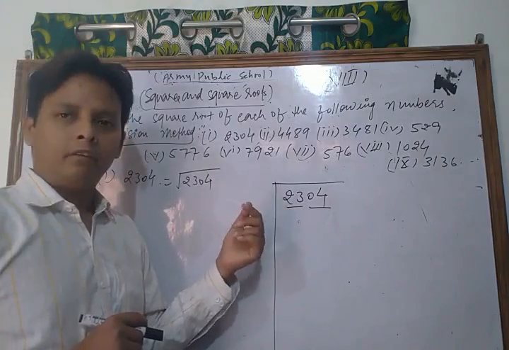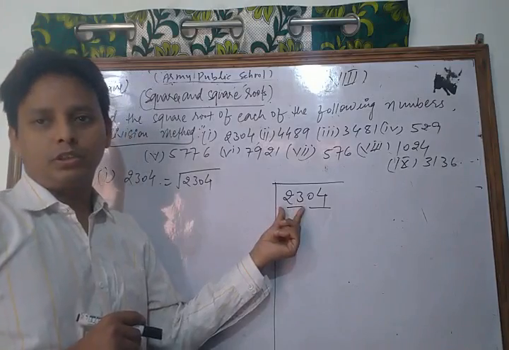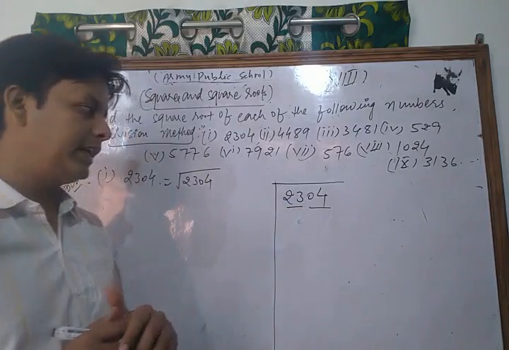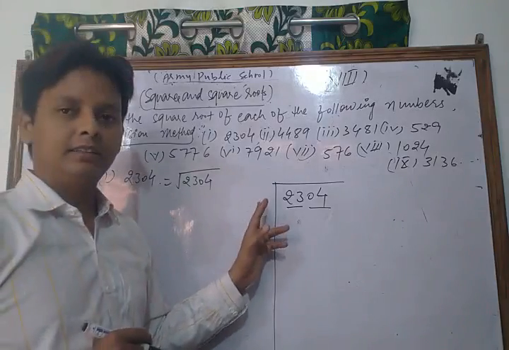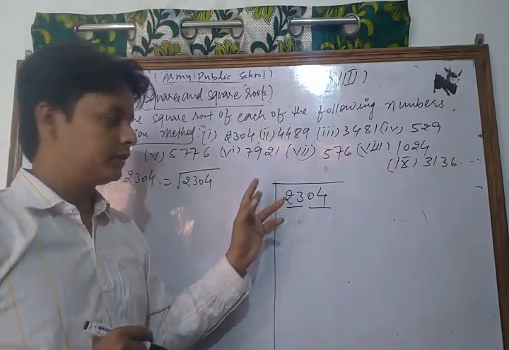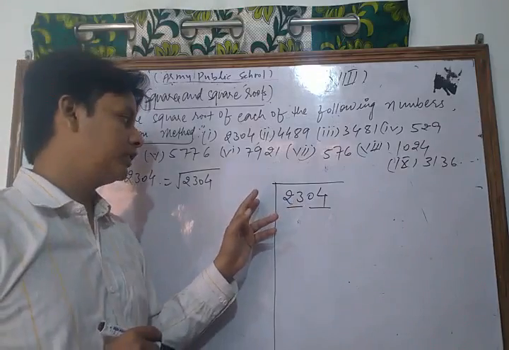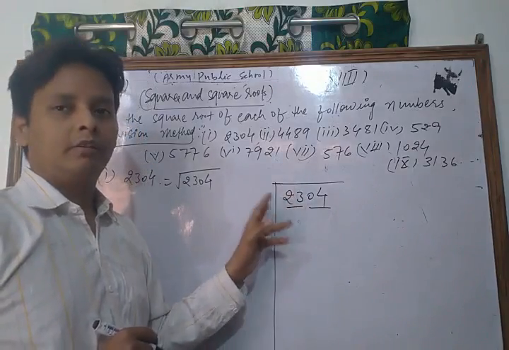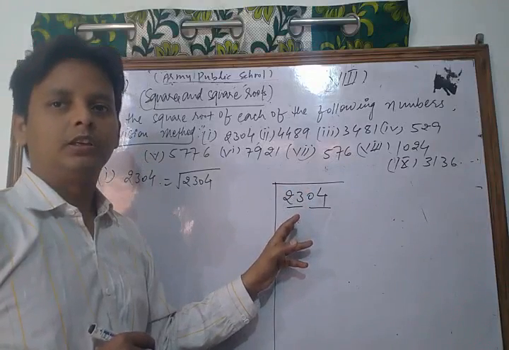Now we take the pair 23. In the division method, if we take 3, then 3 times 3 is 9. Now further check, 4 times 4 is 16, 5 times 5 is 25.